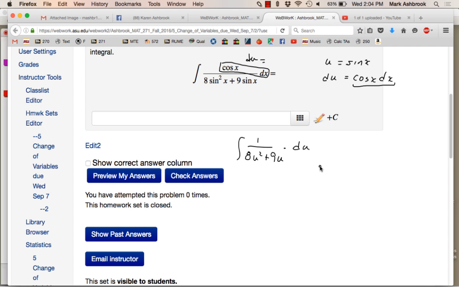So now we have to go through our techniques and figure out what technique we can use to solve this. Well, we certainly can't undo the chain rule. That doesn't work here. Partial fractions. Okay, so in order for partial fractions to work, what has to be true about that denominator? It has to be factorable. And it is. We can factor out u.